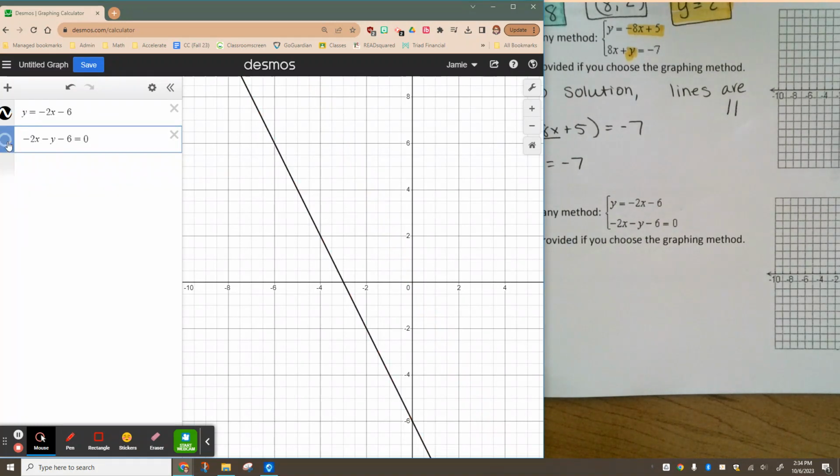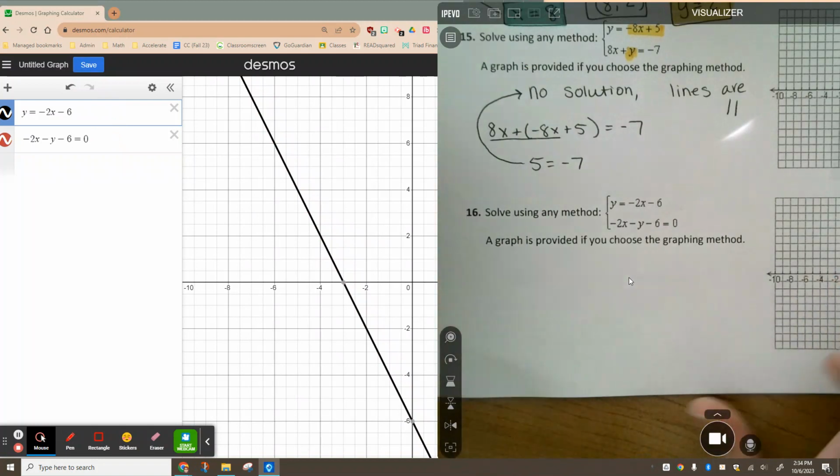If you look, I don't know if you can see, but the red line and the black line are on top of each other. So if I turn the red line off, all we have is the black line. And then, boom, boom. So these are the same line, just graphed on top of each other.